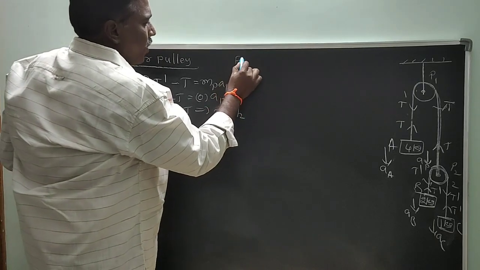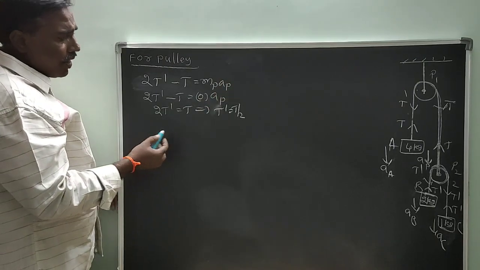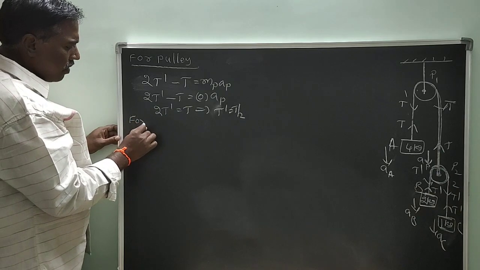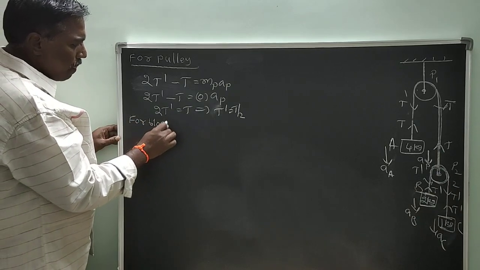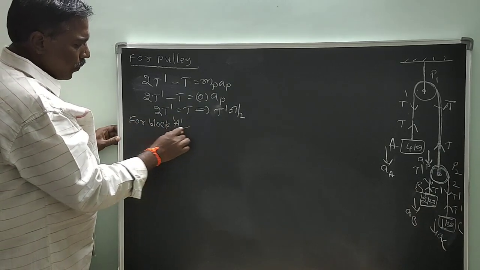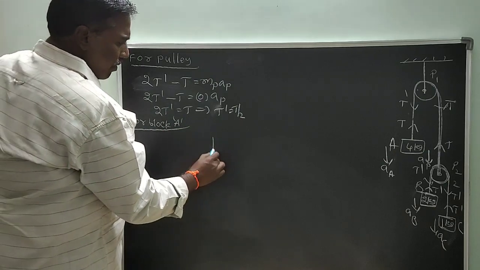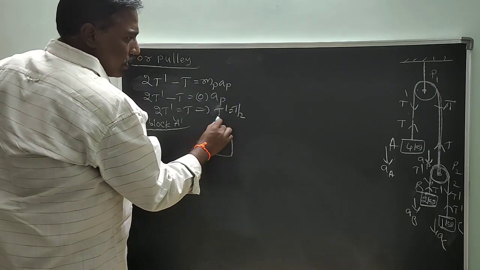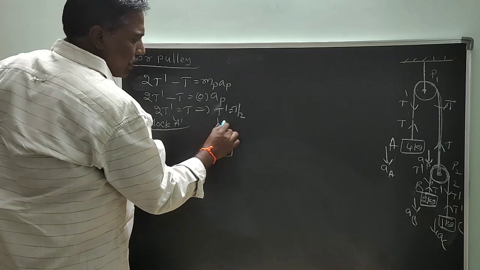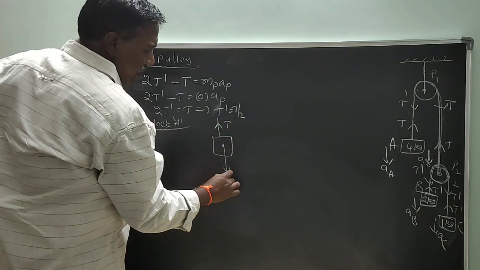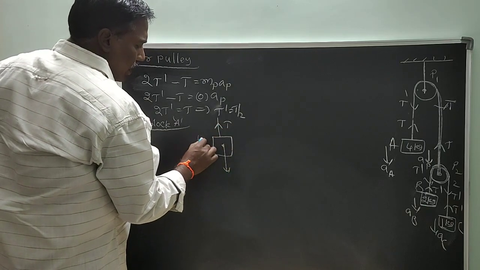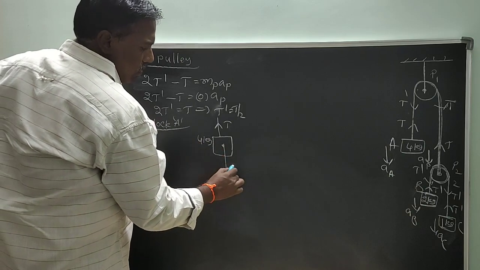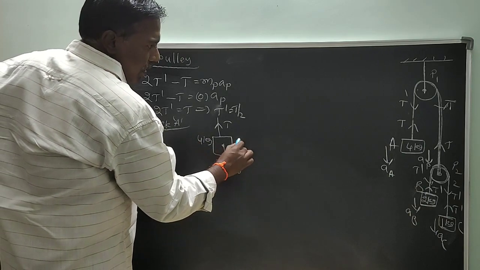For block A, tension acts in the upward direction, and its weight, for the 4 kg mass, is 40 downward.